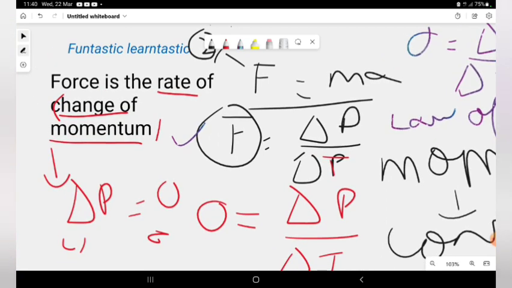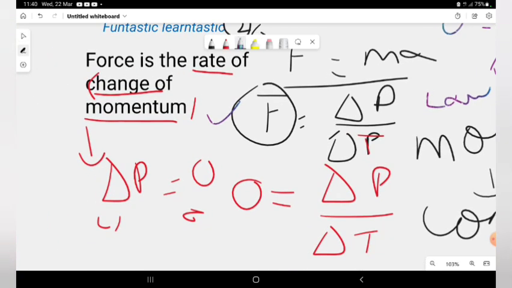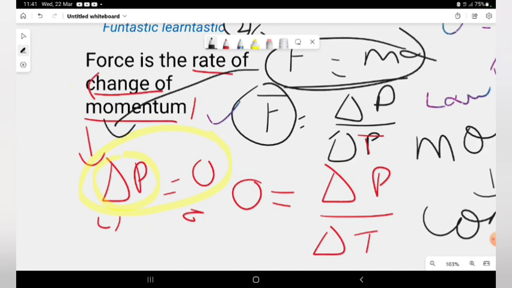This means that delta P is equal to 0, something which I have written over here. And what is delta P? It is the change in momentum. So if there is no change in momentum, this means that the momentum is constant. So from this formula, the second law of motion, we got the law of conservation of momentum. So one task is complete, right?